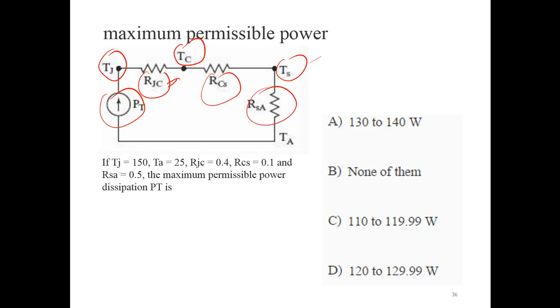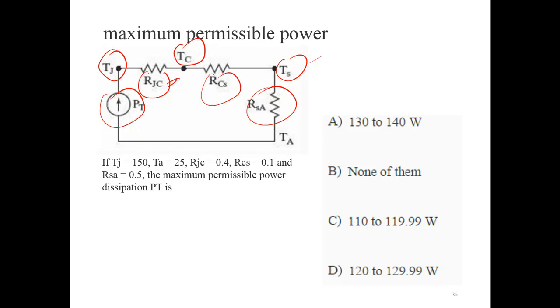Sink to ambient depends on the thermal resistance. That means, is it cooled by air, or is there a fan or blower? These are the thermal resistances you need.